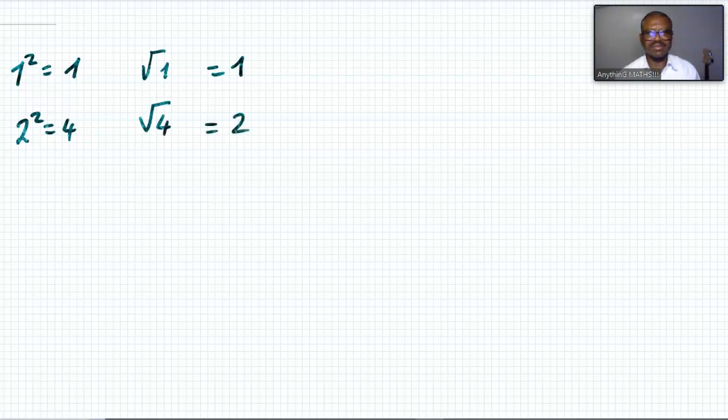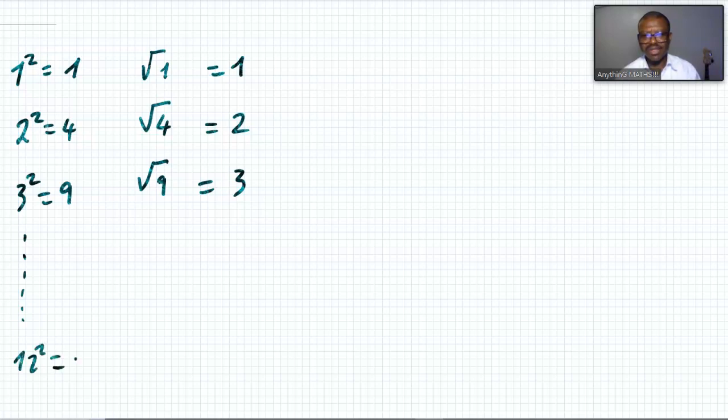It's not a surd. 3 squared is 9. Square root of 9 is 3. Now you can see a pattern developing, isn't it? If we go up to 12 squared, we get 144. When you take the square root of 144, you know the answer will be 12.